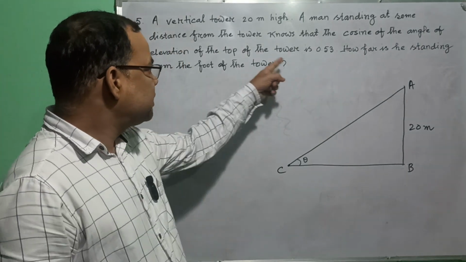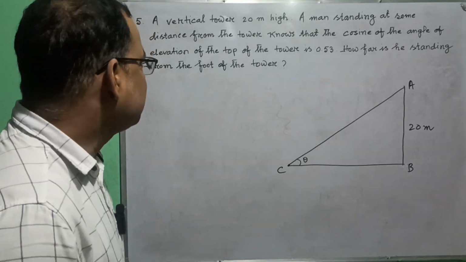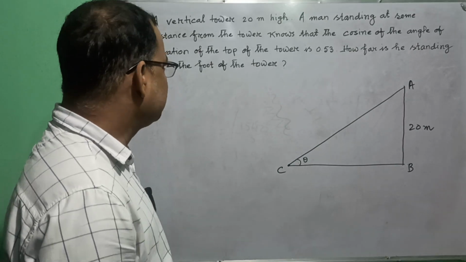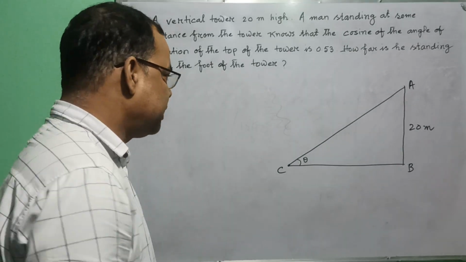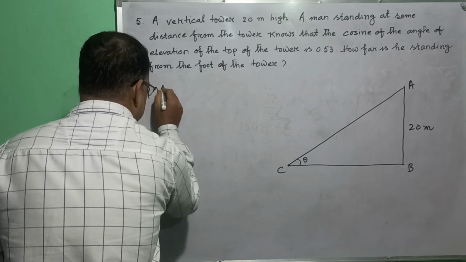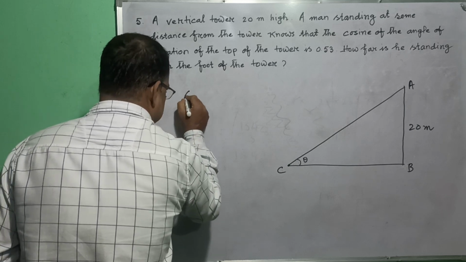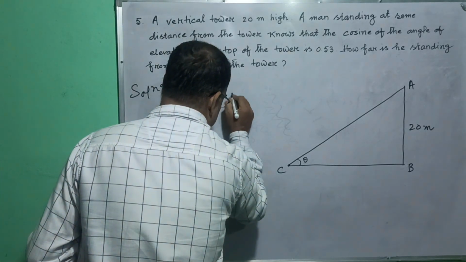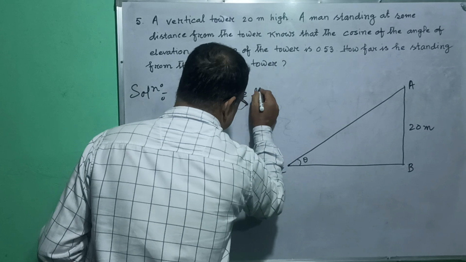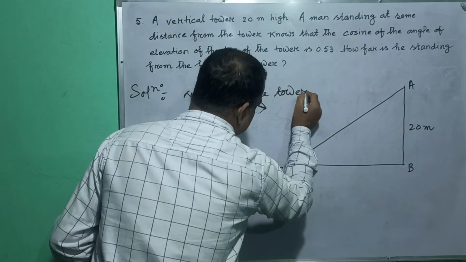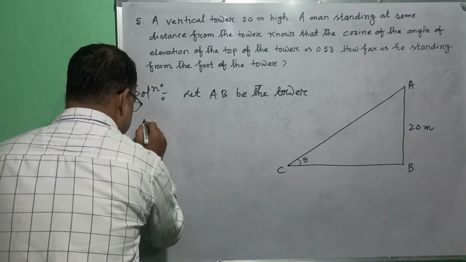According to the information given, the cosine of the angle of elevation of the top of the tower is 0.53. Let AB be the tower.